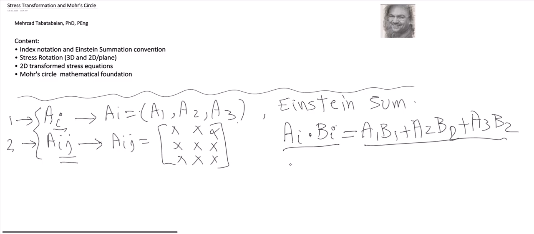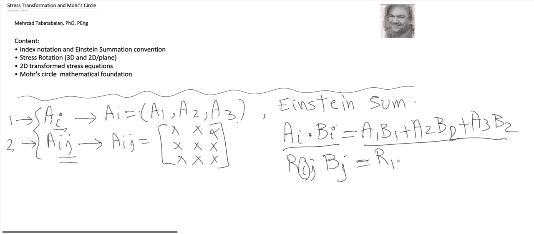Or for example, if you have a tensor second rank matrix multiplied, say, by bj, to be more straightforward, doesn't matter, as long as I have one free index here and two dummy indices that they repeat, I have to sum up on that one.